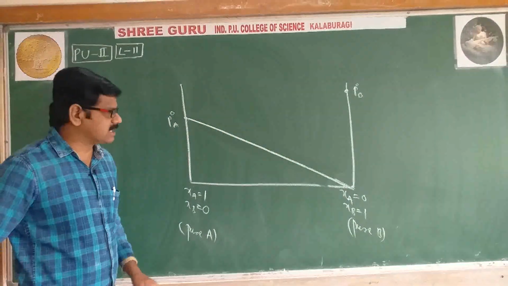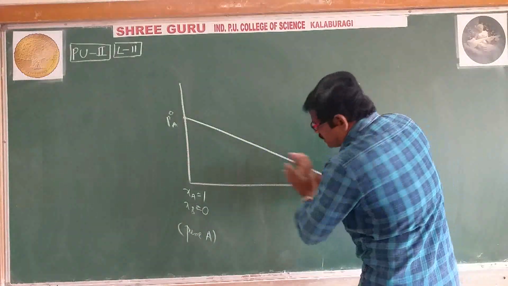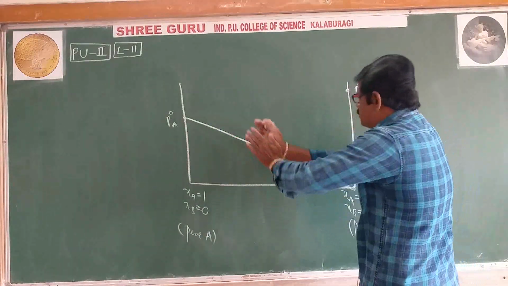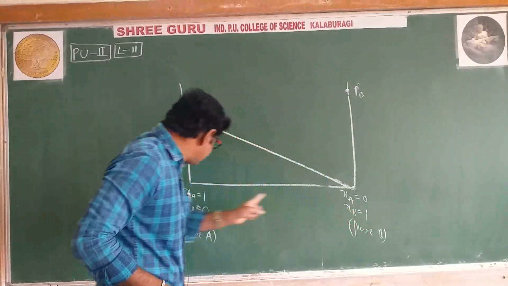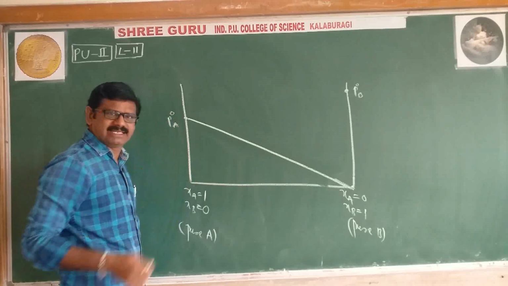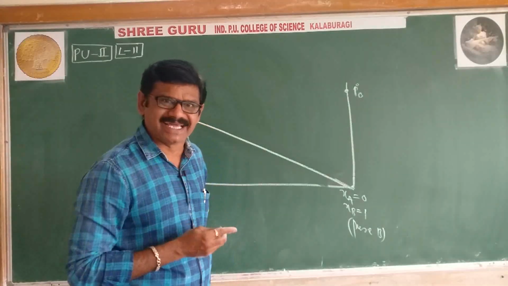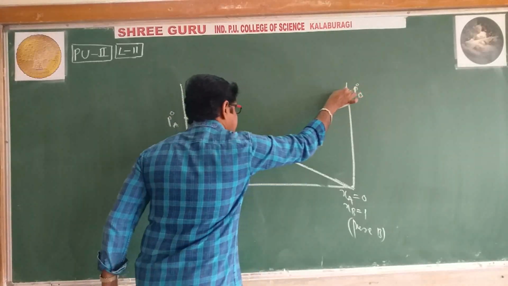Next, here only component B is there, and now we are going from right side to left side. If we go right to left, the mole fraction of B becomes 0. Component B is diminishing, so automatically component B pressure also decreases. Like this we'll write.